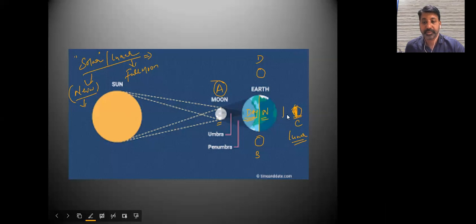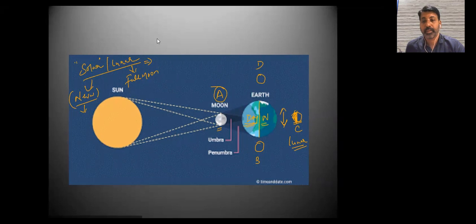Nobody is here. Then how is the lunar eclipse happening? That is my question. You got my point? Can anybody answer it? See the diagram carefully and answer it.